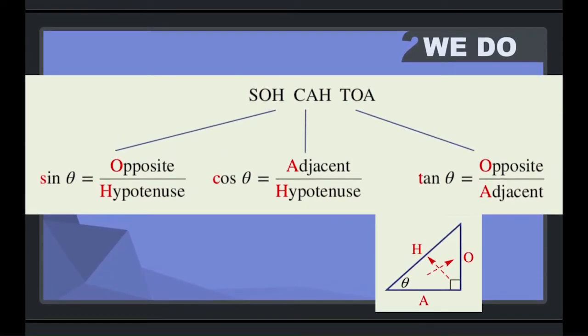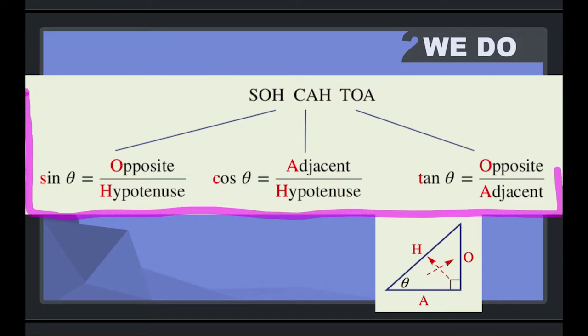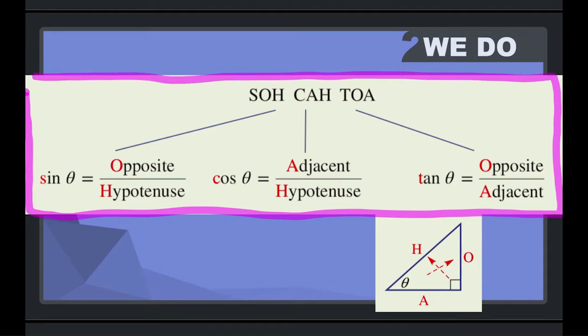Right, this is the important thing. I would love you guys to all pick up your pen and copy this stuff down. This is the little thing that we want to remember. SOHCAHTOA. I'm going to suggest that going forward in this unit that we write this at the top of every page that we work on. And it tells us everything that we need to know. SOH tells us that sine is opposite over hypotenuse.